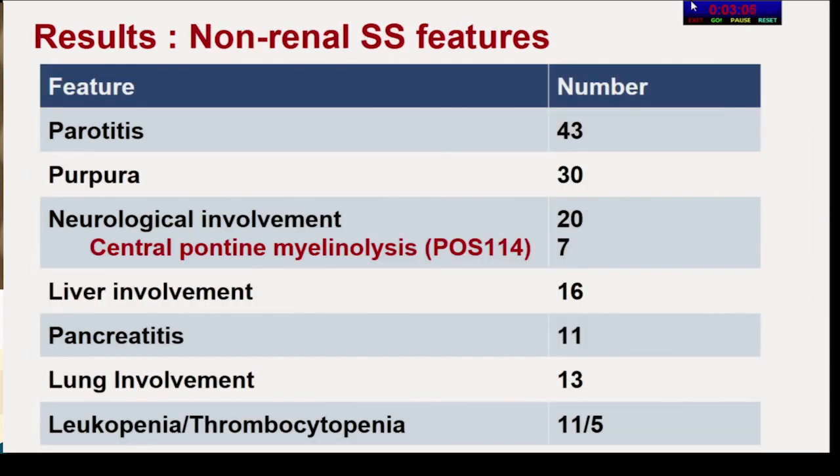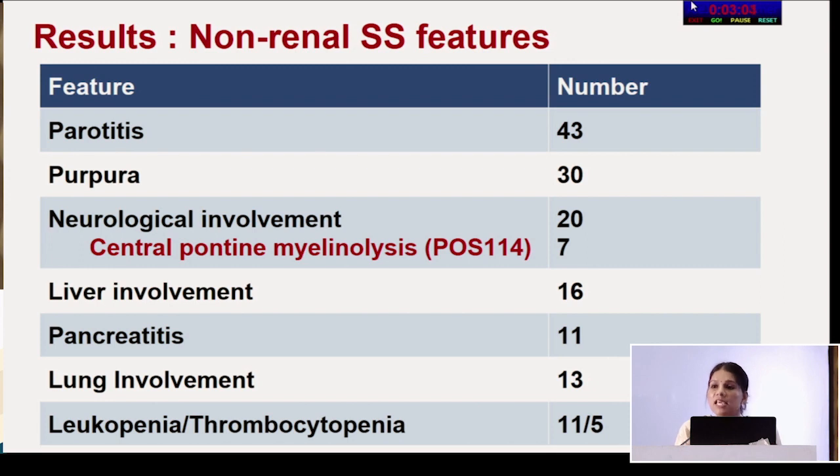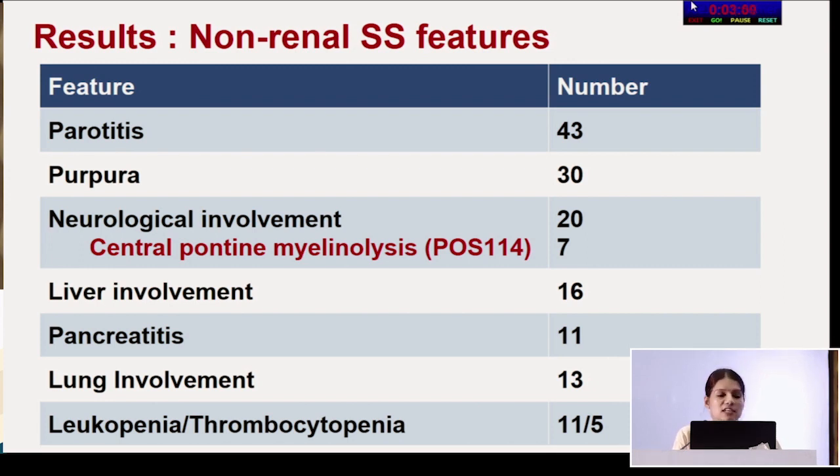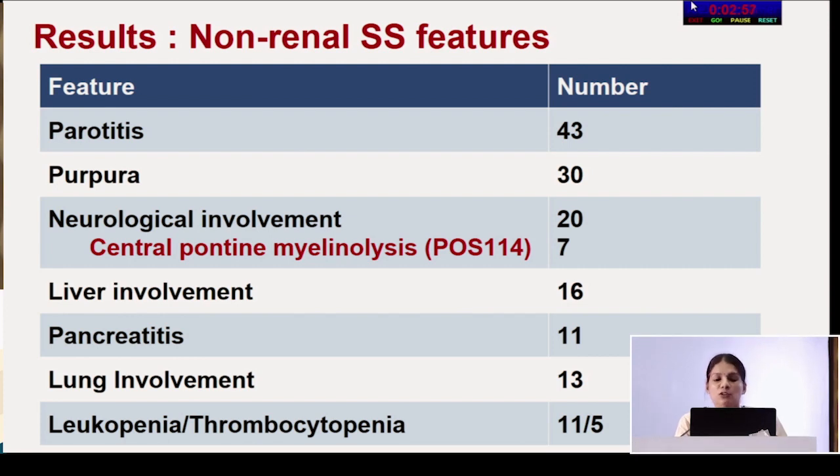Now, talking about the non-renal Sjogren's syndrome features seen in this population, parotitis was seen in 43, purpura in 30, neurological involvement in 20, liver involvement in 16, pancreatitis in 11, lung in 13, leukopenia and thrombocytopenia in 11 and 5 respectively. I also came across something very unique.